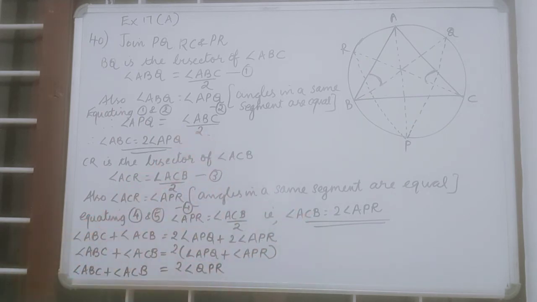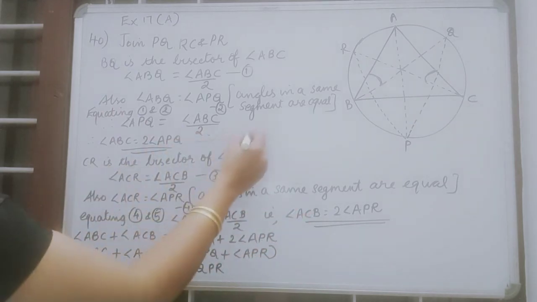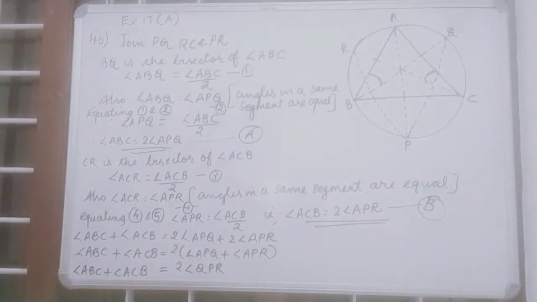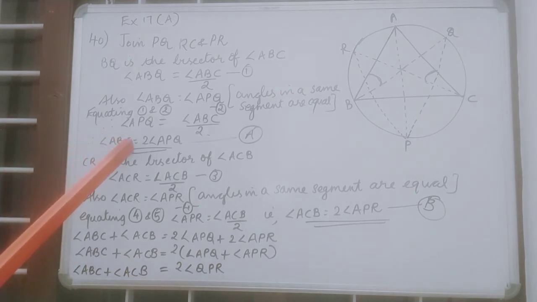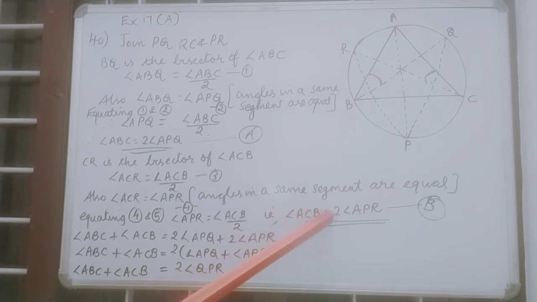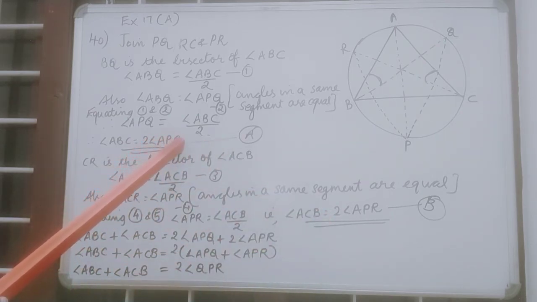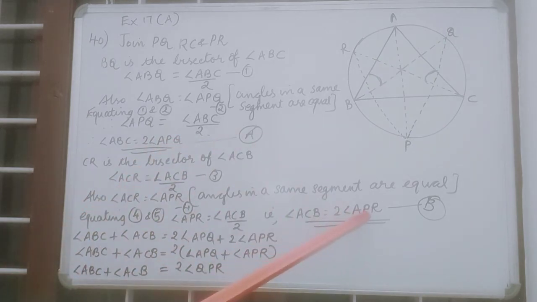I will mark this as equation number A and this as equation number B, for your convenience. So adding A and B, we will get angle ABC plus angle ACB is equal to 2 angle APQ plus 2 angle APR.